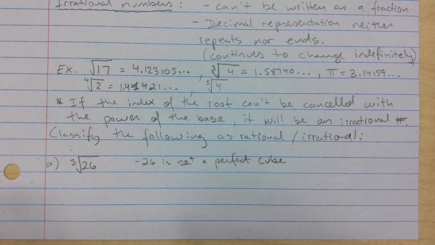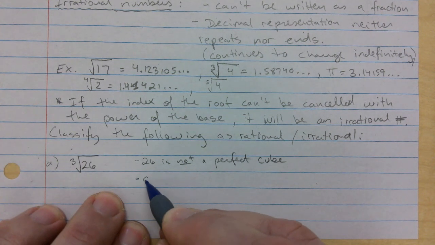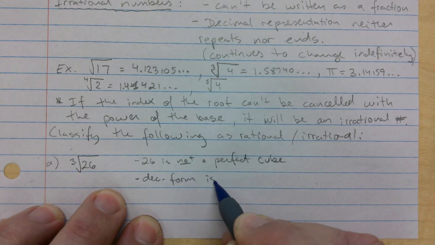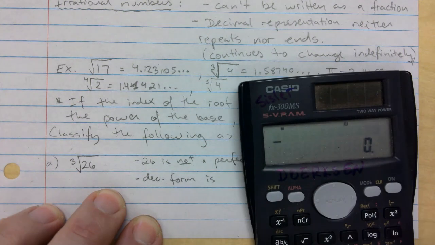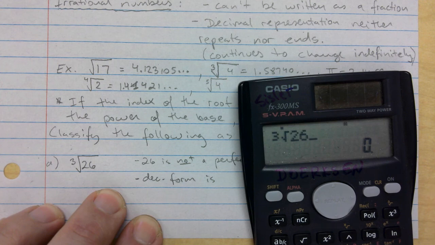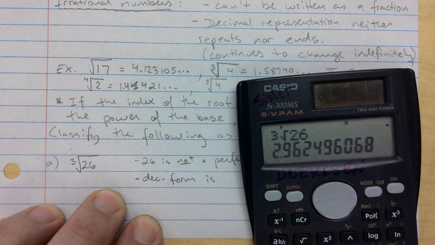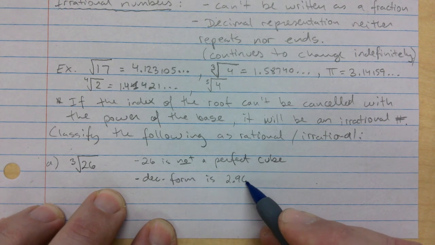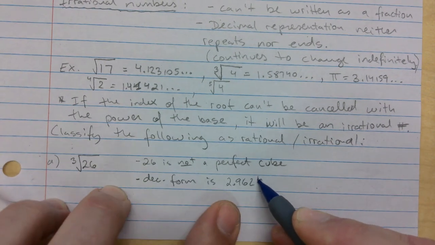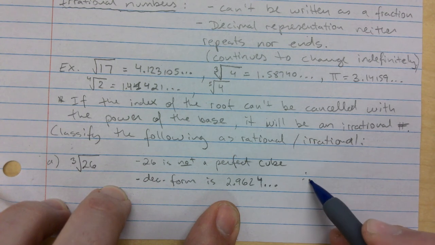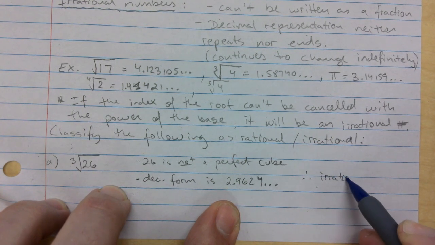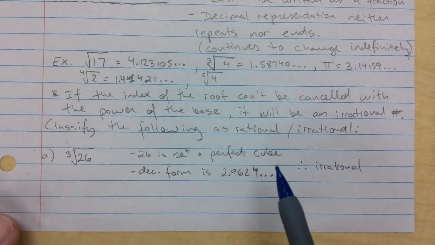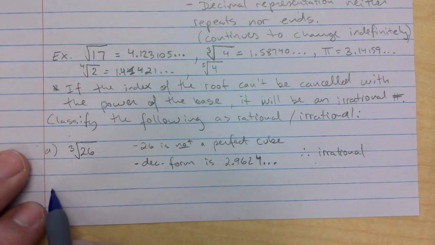And just to make sure you understand, decimal form, I'm just going to take the cube root of 26 here for you to see. It's 2.96249, it repeats, no pattern, it keeps going, therefore irrational. You could have stopped already at this. If it doesn't meet the first criteria there, you're done.